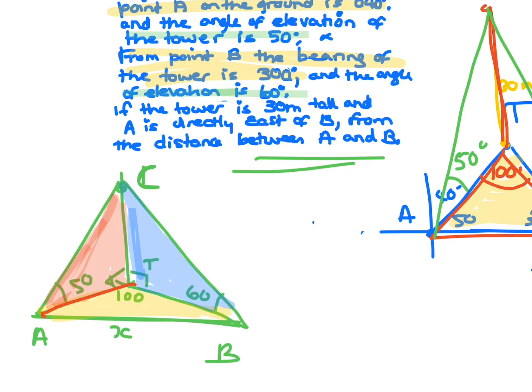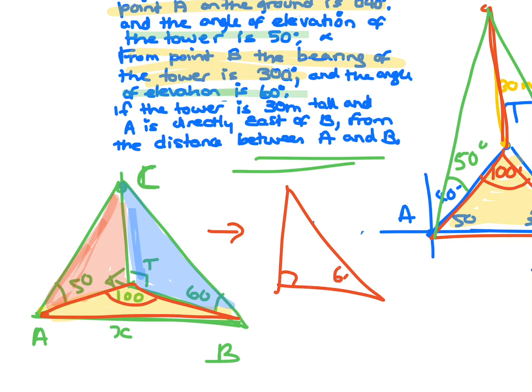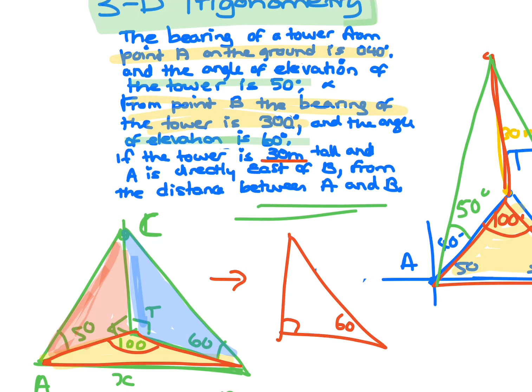If we look at this, this is the triangle on the bottom. So what we need to do is get both of these triangles. We've got this one, which is 60. And I've given you one more bit of information: the height of the tower is 30 metres. What we're going to do is find this side here. So we need to bring things down to this triangle where the X is.